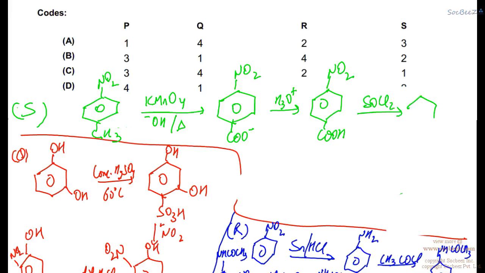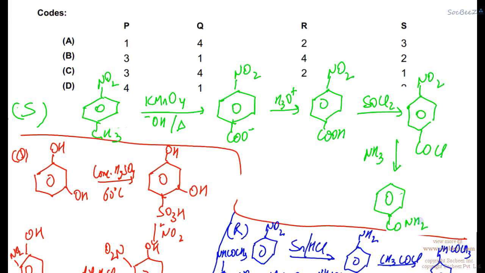Now treating with SOCl2, we get the product as COCl NO2. Now final product after treating with ammonia is this, CONH2 NO2.